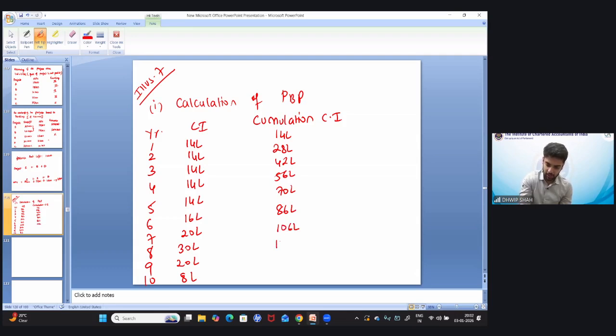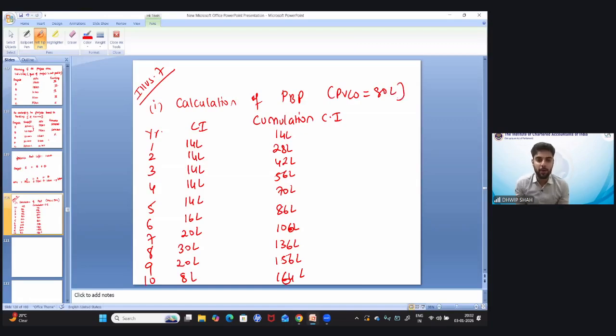After this it doesn't matter, but still let's complete the table. 136 lakh, 156 lakh, 164 lakhs. This is the total inflow, 164. Now my outflow, PVCO, is how much? It is 80 lakhs.